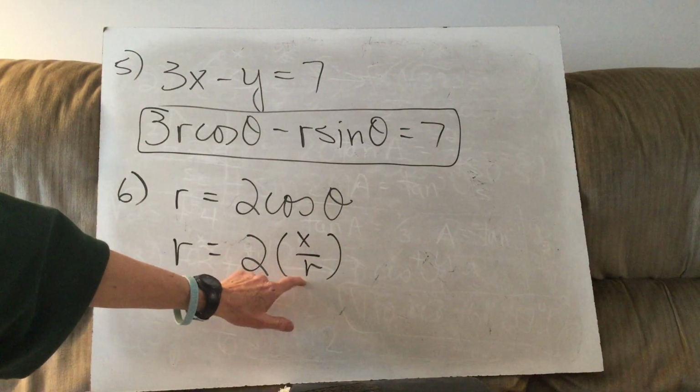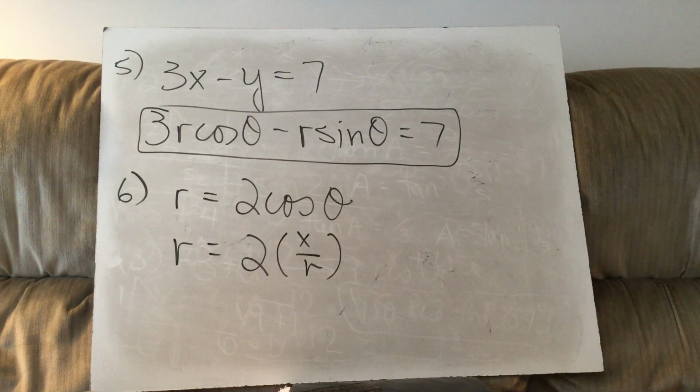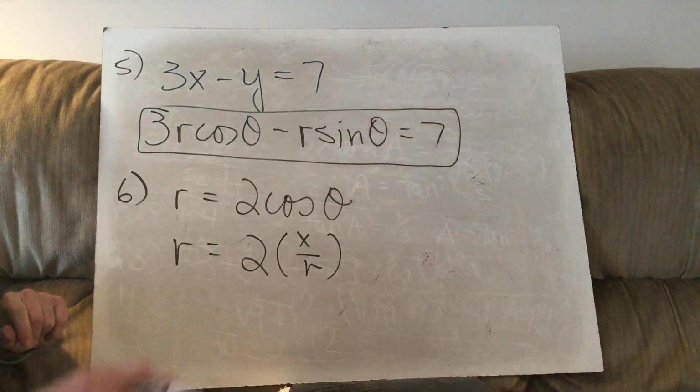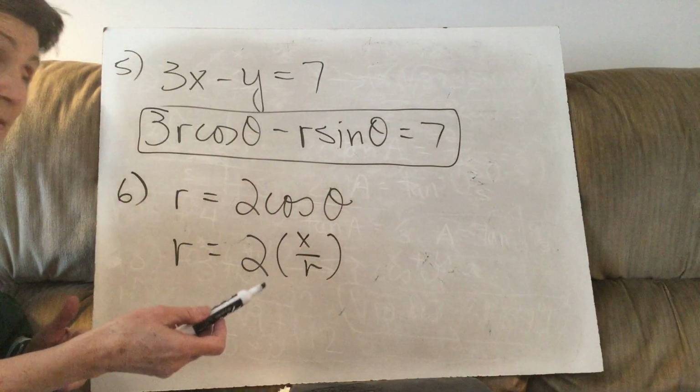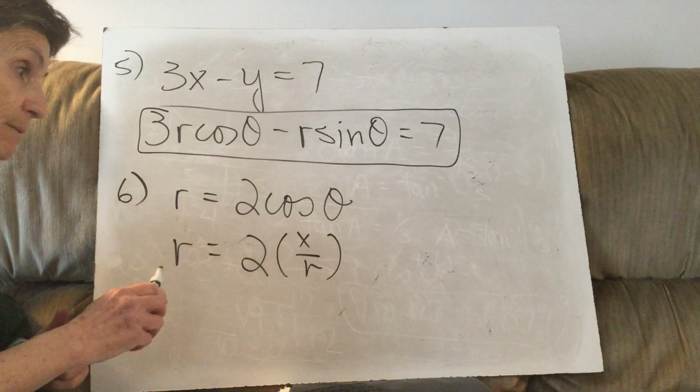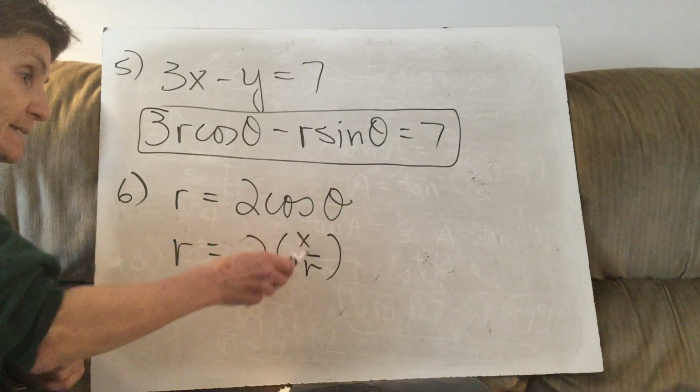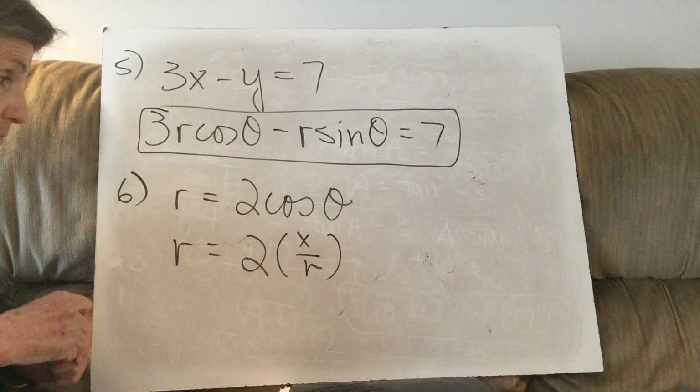These came from your gold sheet memorization way back in the first semester. If you've lost the gold sheet or can't find it, you need to get your book out and go back and find the circular definitions for all of your functions, because you need to know them. Or at least you need to have them in your notes so that you can find them when you need them. So cosine is x over r.